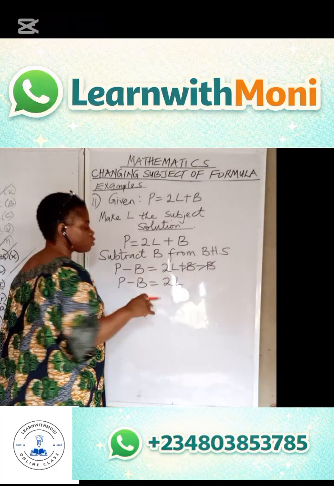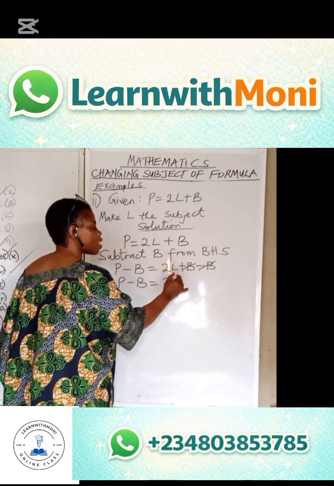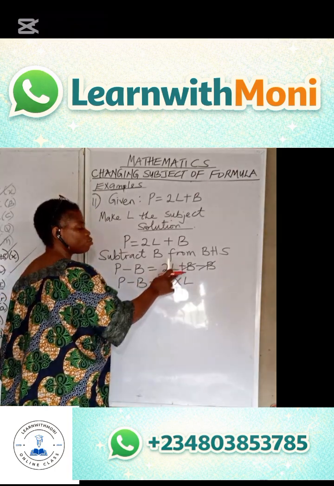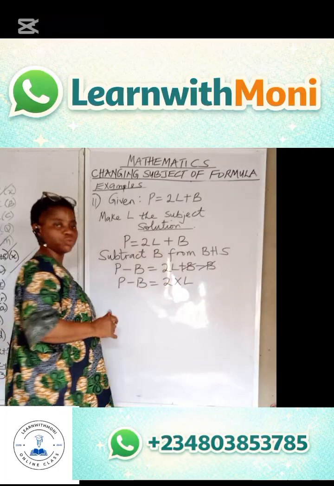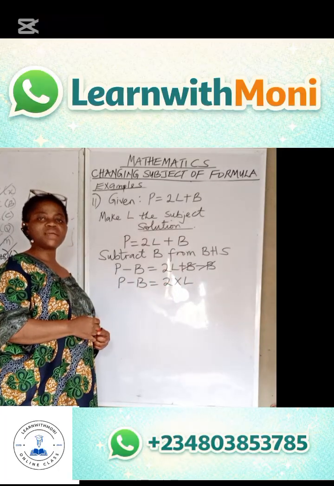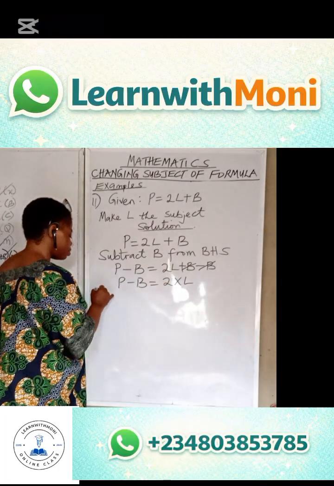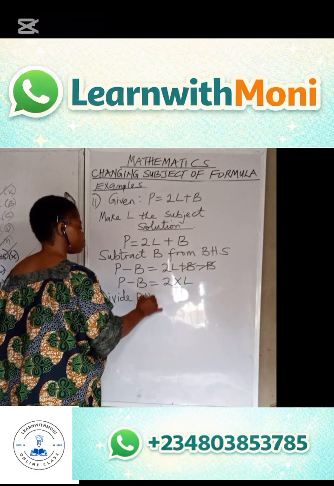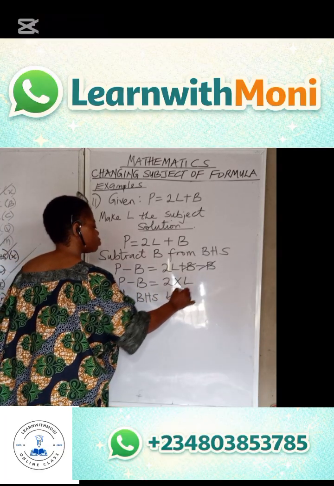But we also know that 2L means 2 times L. So to remove this 2, we have to do the inverse operation for times 2, which is divided by 2. So let's divide both hand sides by 2.